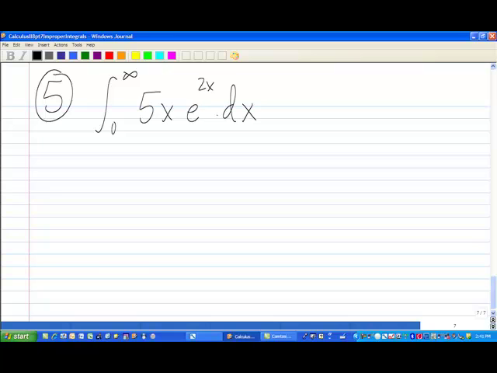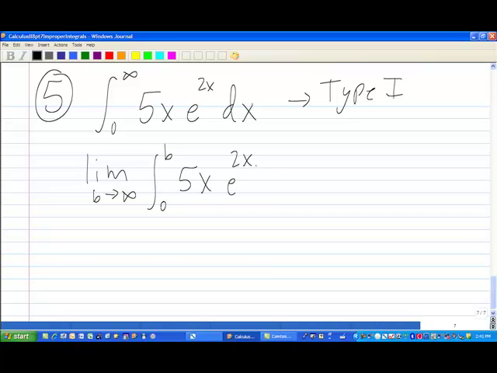Looking at number 5 here, it's the last problem from the handout. Because there's an infinity in one of the bounds, this is a type 1 improper integral. We're going to go ahead and evaluate it using a limit. The limit as b goes to infinity, replacing that upper limit of integration with a b, 5x e to the 2x dx.